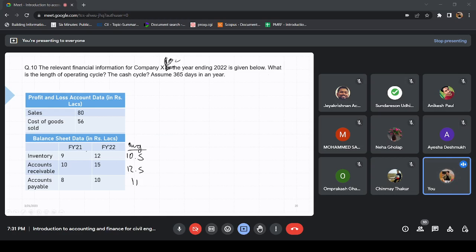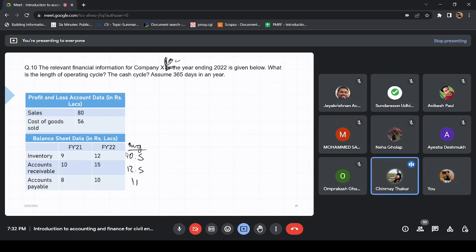So can you guys tell me what is the meaning of inventory 12 lakh at the end of financial year 22? Don't know, sir. Okay, so we will go back to our basics, to balance sheets.